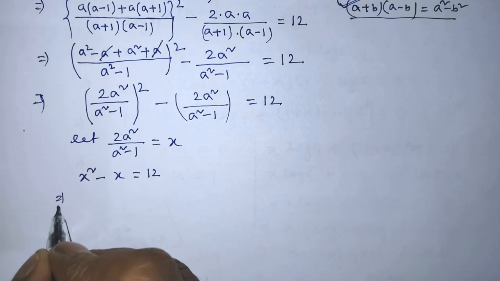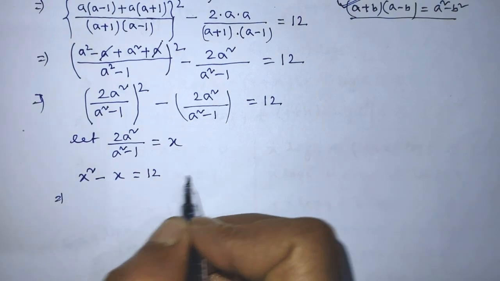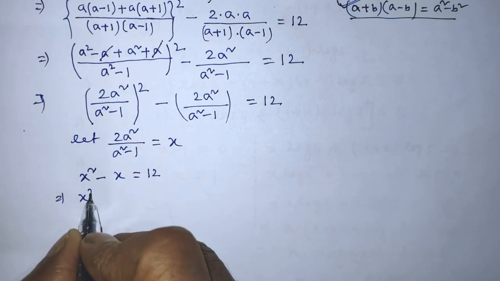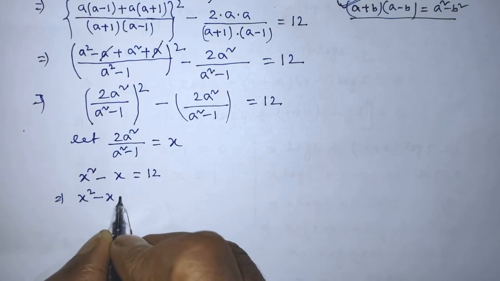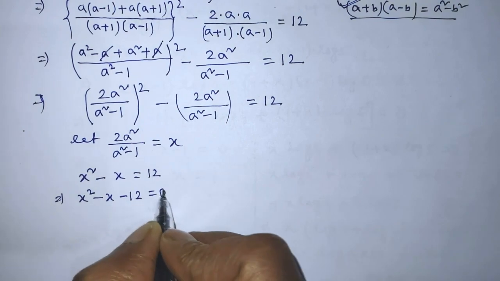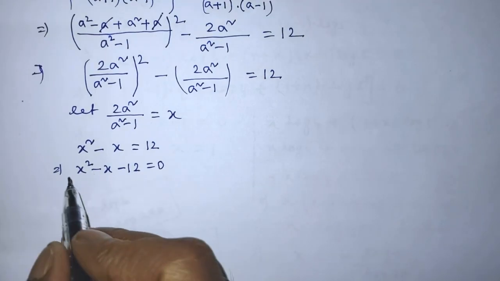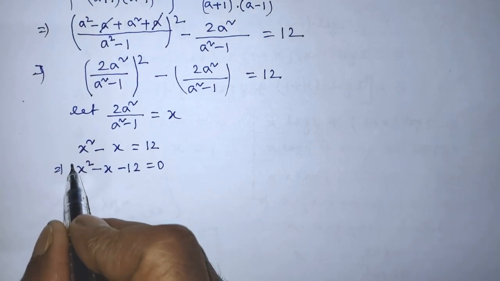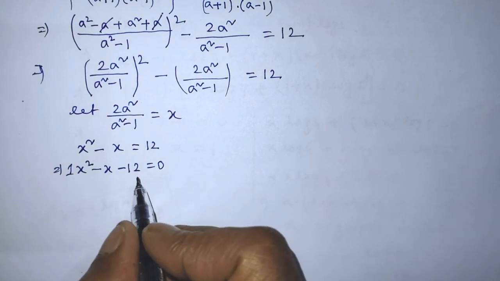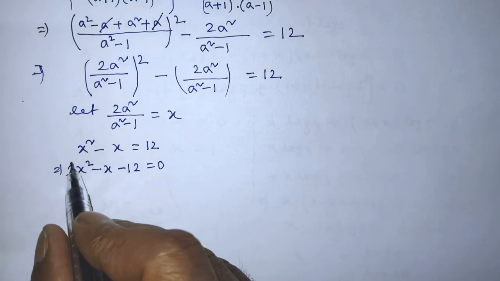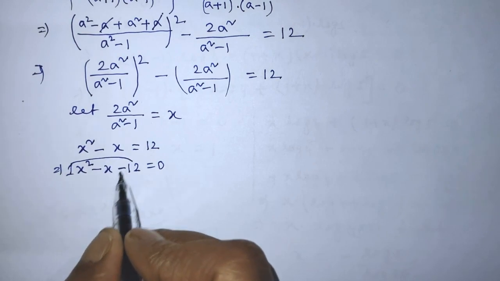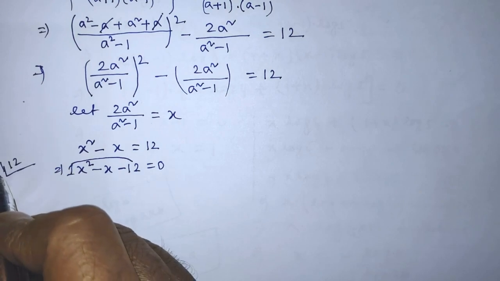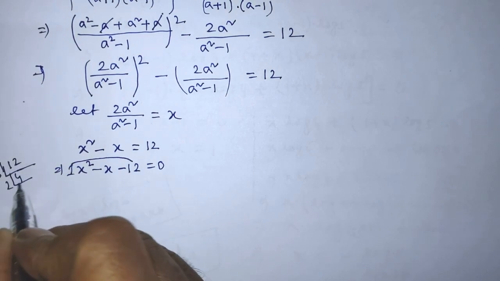So after that we have to transpose 12 from the right hand side to the left hand side. Then the left hand side becomes x square minus x minus 12 is equal to 0. So student, on the left hand side of this equation the coefficient of x square is 1 and the constant term is 12. First of all we multiply 1 with 12, then you get 12, and we have to factorize 12: 3 times 4 is 12, 2 times 2 is 4.